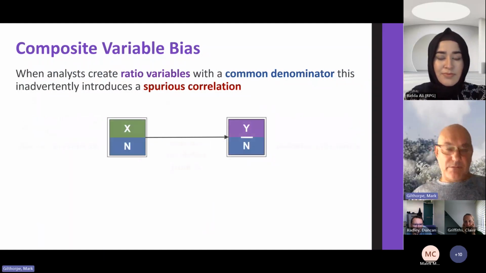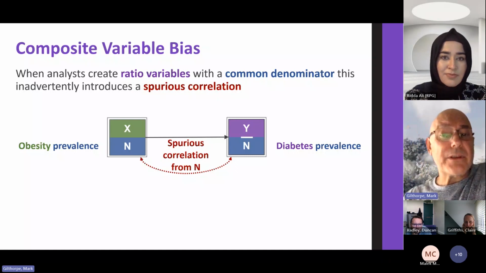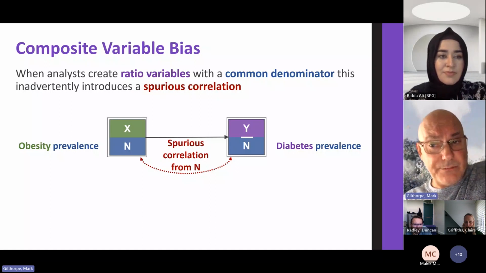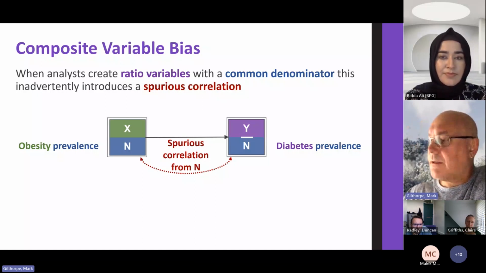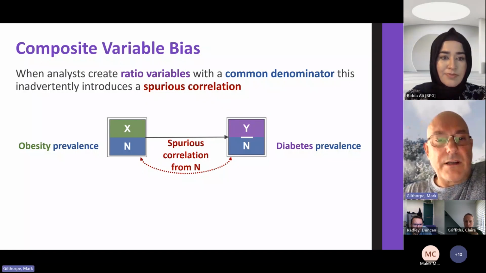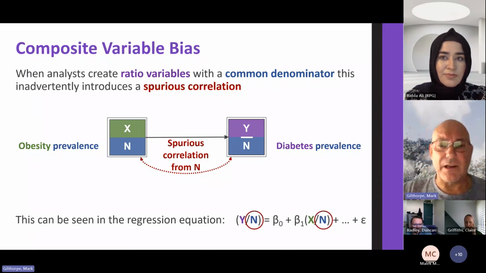And it's not infrequent that you see that it would be at that level that you ask the question of diabetes prevalence in relation to obesity prevalence. But the problem is that dividing by N creates this curious correlation, spurious correlation, which is an artifact. This can be readily identified when you look at the regression equation, right?